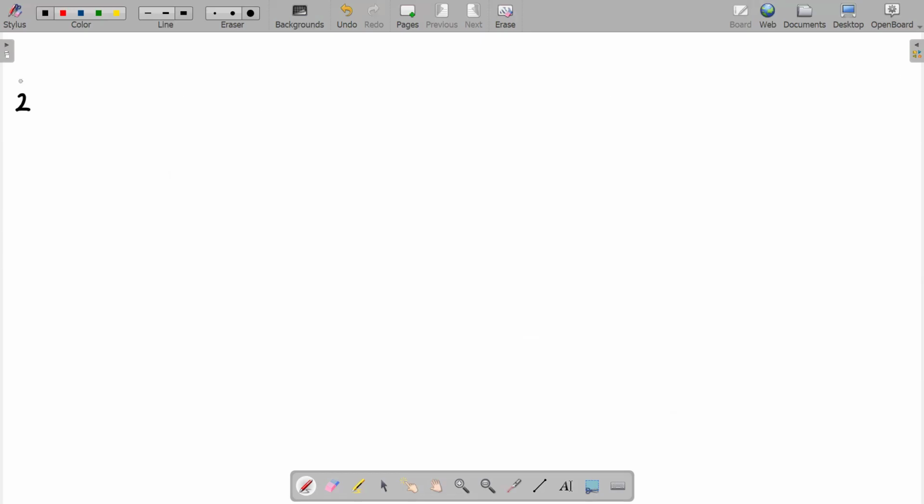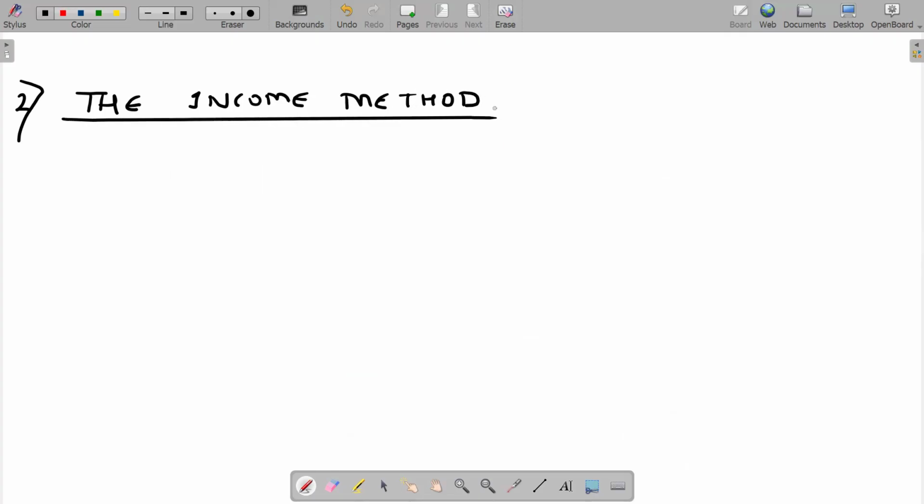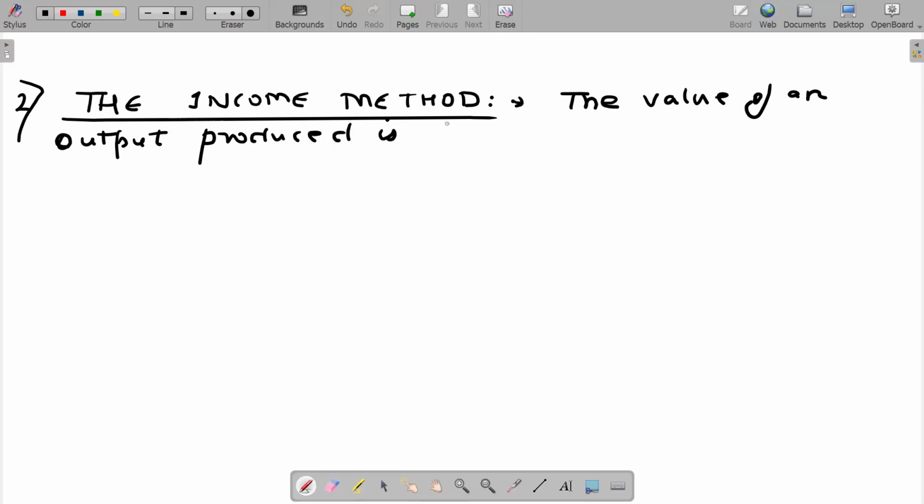Erasing all this off, the second method we talk about is the income method. So now, the value of an output produced is based on the costs involved in producing that output.